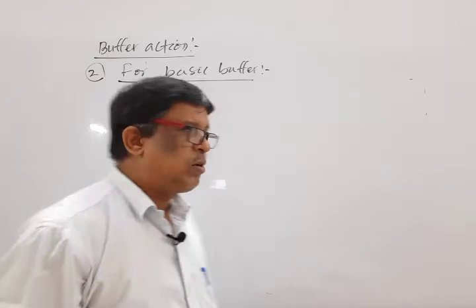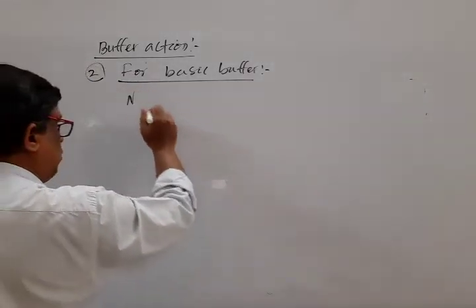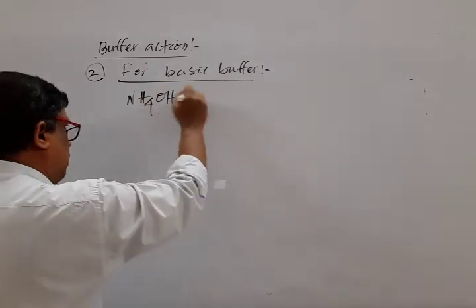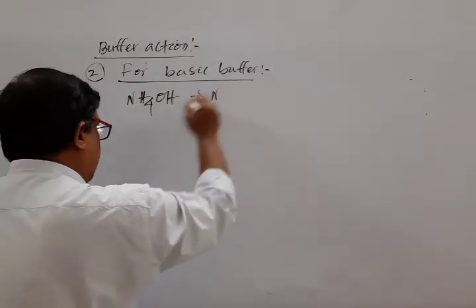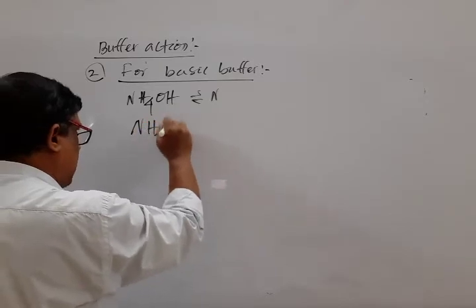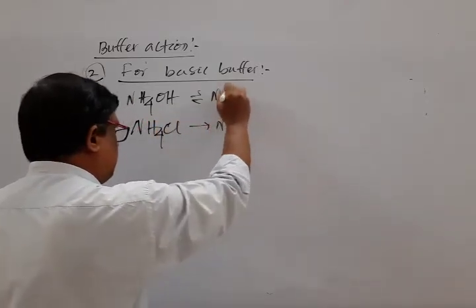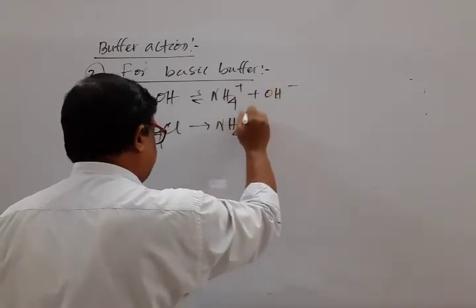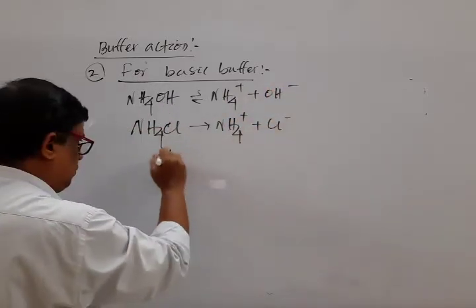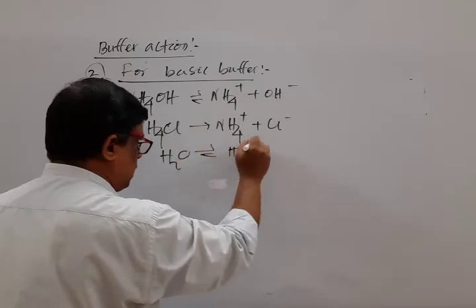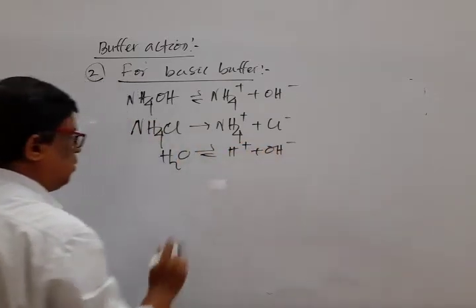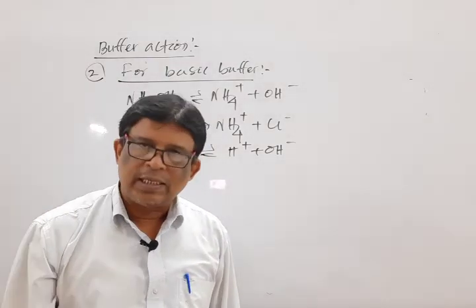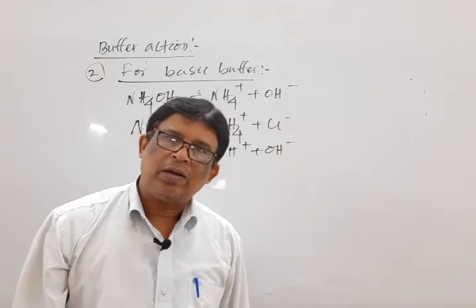So let us consider a basic buffer, that is ammonium hydroxide and ammonium chloride, which ionizes in water as shown, and also water dissociates as H⁺ and OH⁻ ion. Mark that. Here also we add a few drops of strong acid, strong base and water one by one.